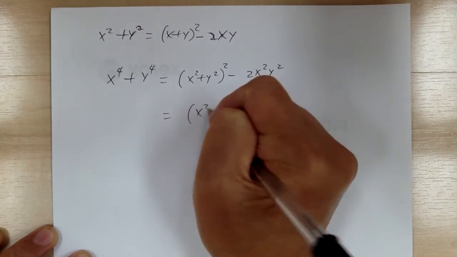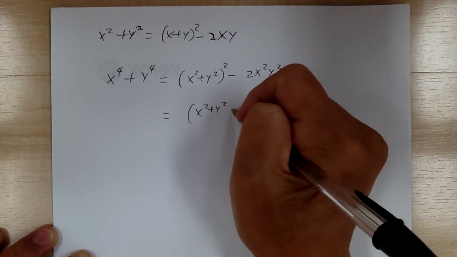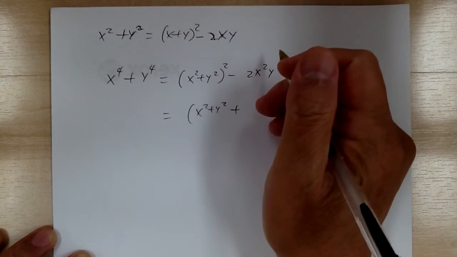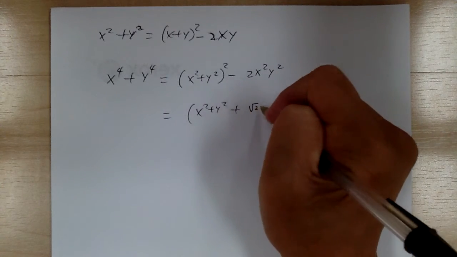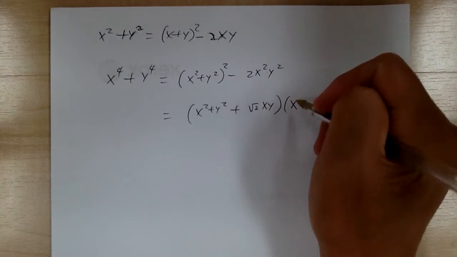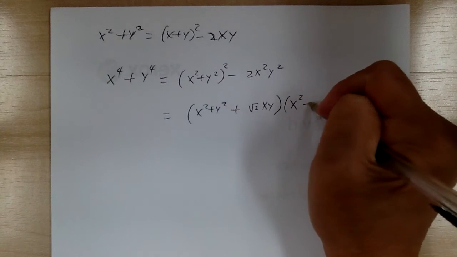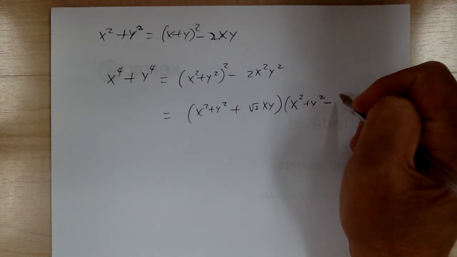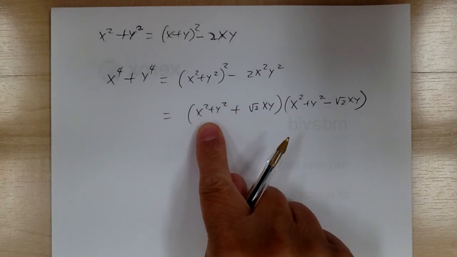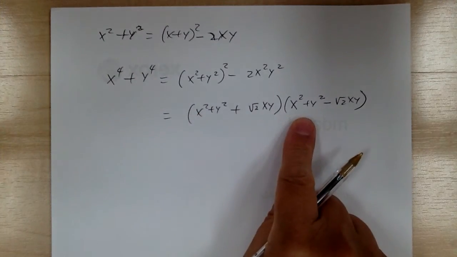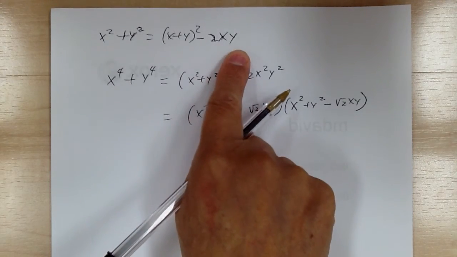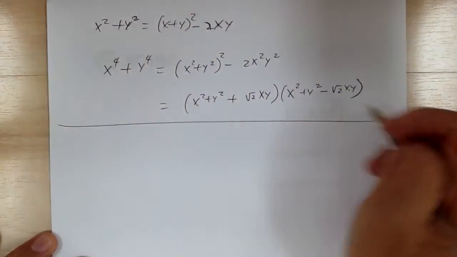So you're going to get x squared plus y squared plus, in this case, square root of 2 times xy, times x squared plus y squared minus square root of 2 times xy. So in this case, you will be able to do that. But this one is not as helpful because you're going to end up with square root of x and square root of y. Okay, so let's go to example 7-1.